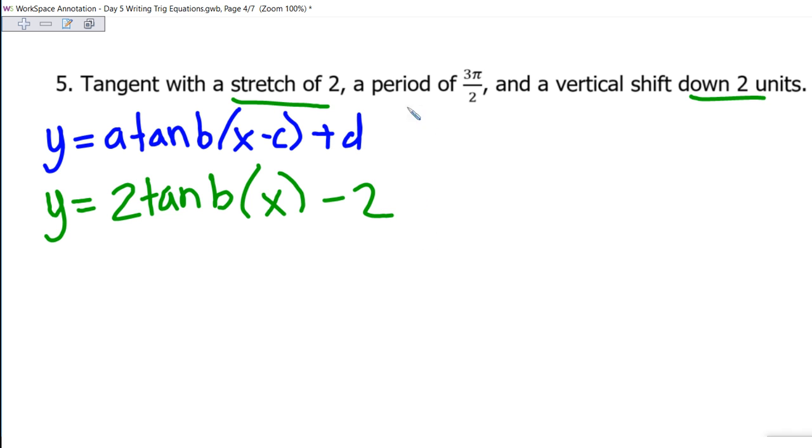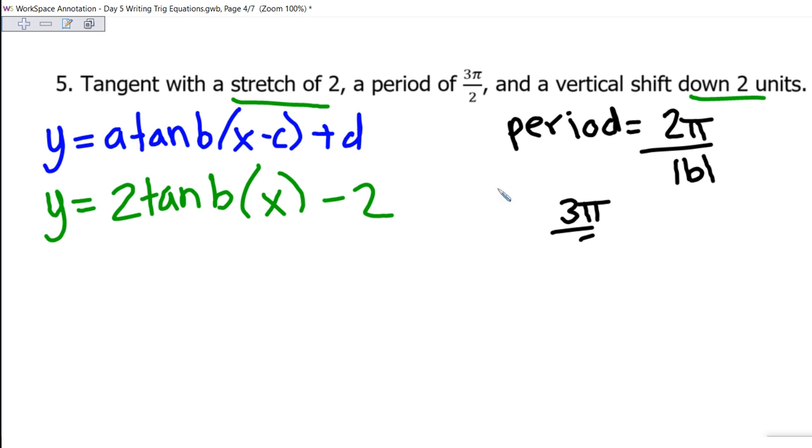Now to solve for b, use the period formula. So the period is equal to 2 pi divided by the absolute value of b. They told us the period was 3 pi over 2. It's equal to, why did I put 2 pi? I don't know. I was writing the formula.